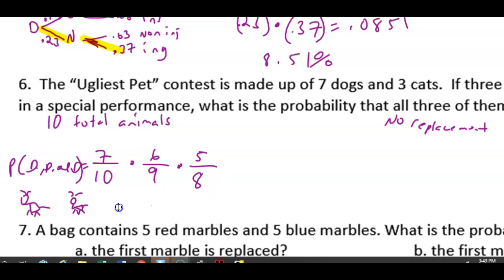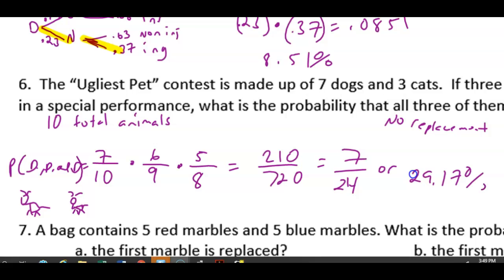If I pull out a 3rd dog, I'm going to pick from this. When I multiply that out, that gives me 210 over 720, which equals 7 over 24, or 29.17%.